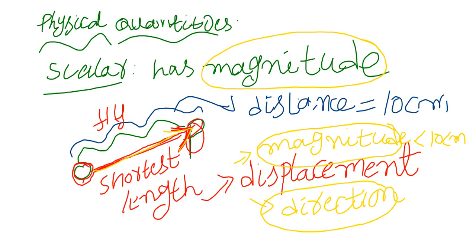So here the fly moves from the point O to P. We represent this direction like this.